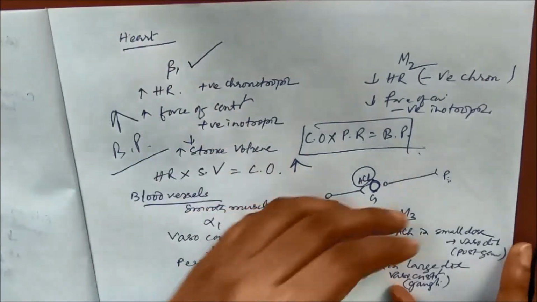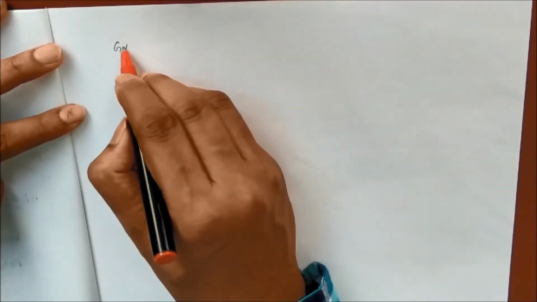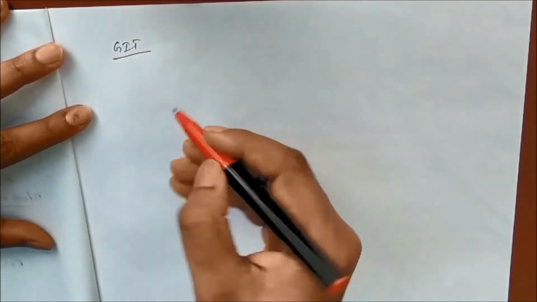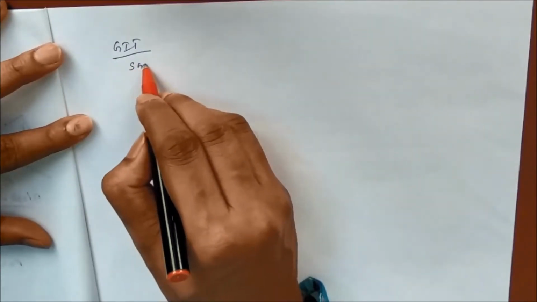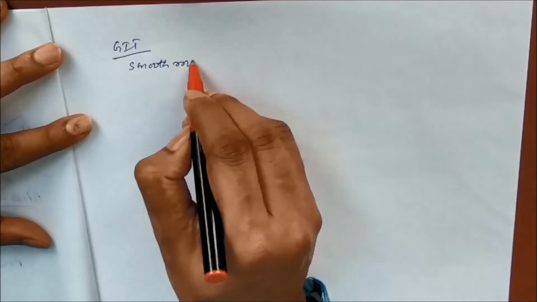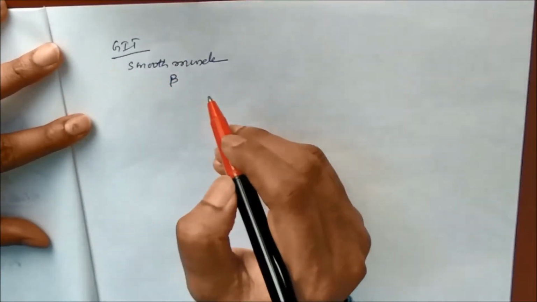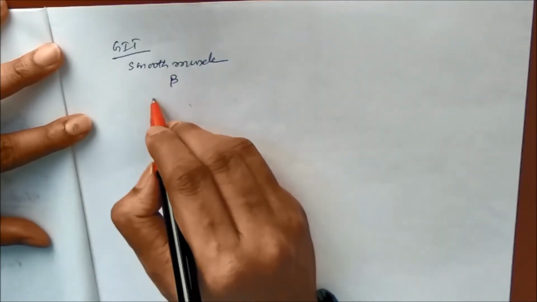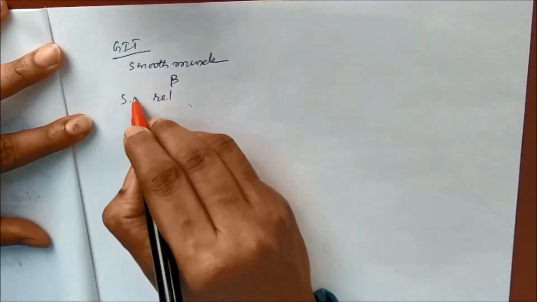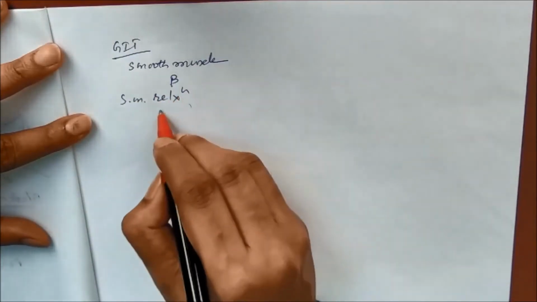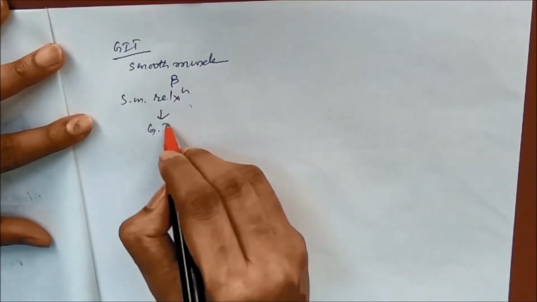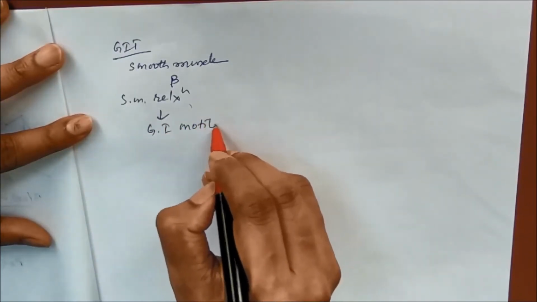So blood pressure is increased by sympathetic. Okay. Next, in GIT, again two types of actions will be there, because in GIT there are smooth muscles, and in smooth muscles there is beta receptor. So smooth muscle relaxation will be there, which will cause decrease in GI motility.